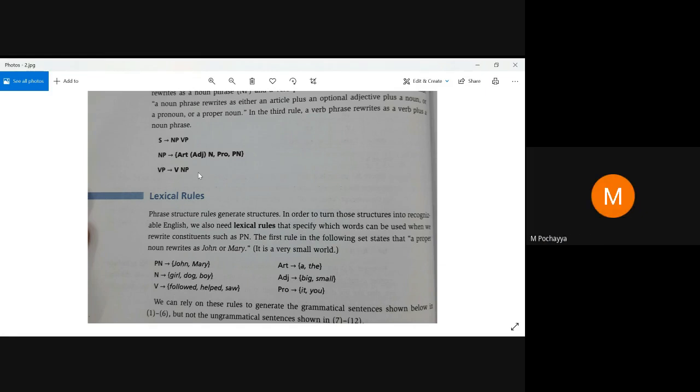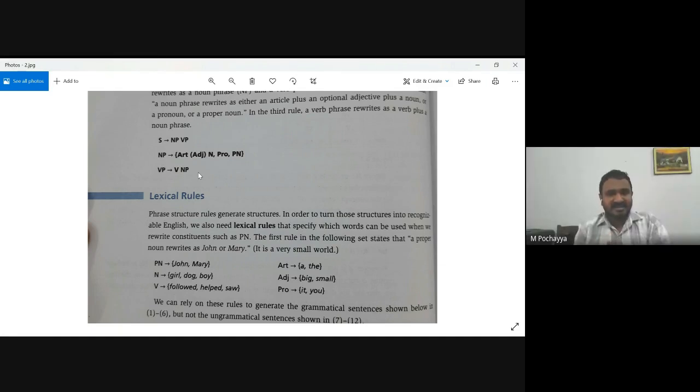This is how the linguists, in the syntactical study, in syntax, classified the sentence, taking sentence as a unit. They classified sentence as noun phrase plus verb phrase.